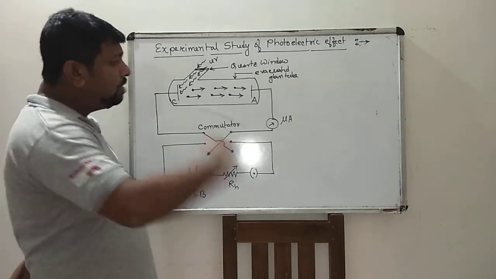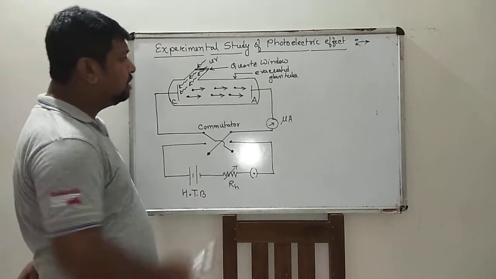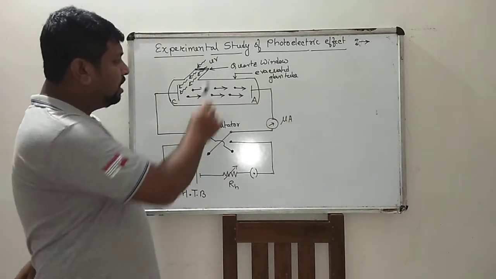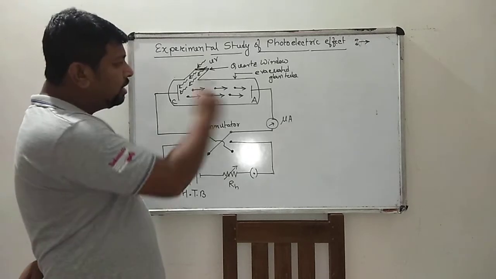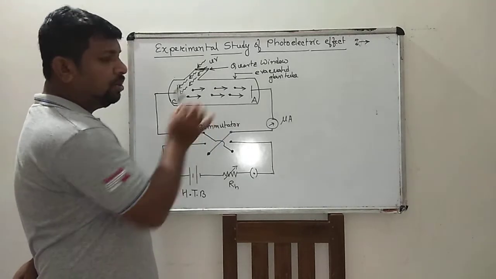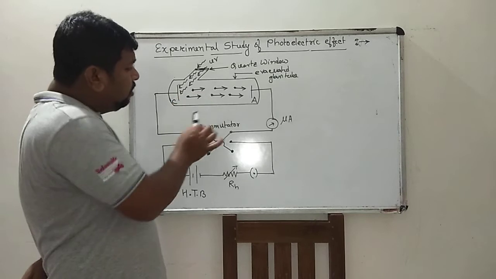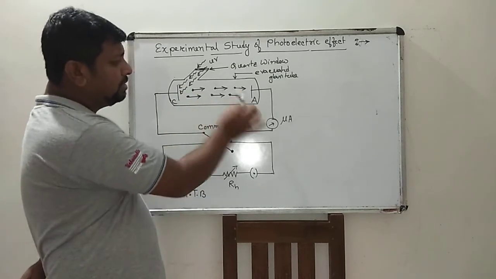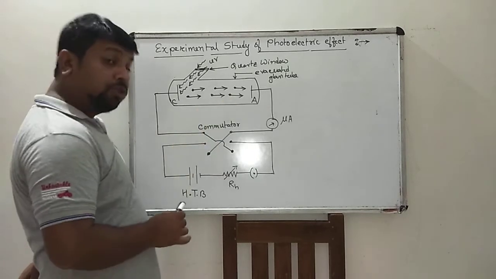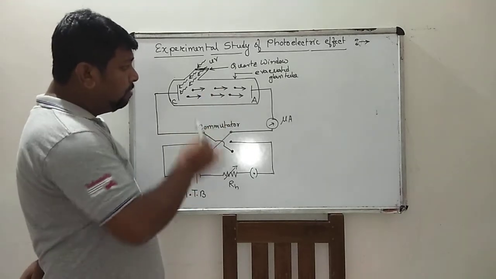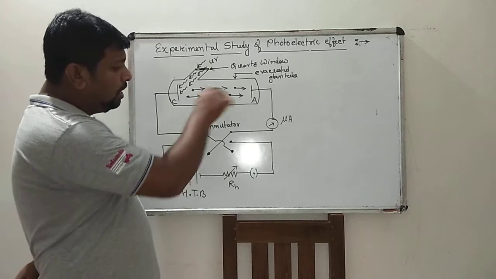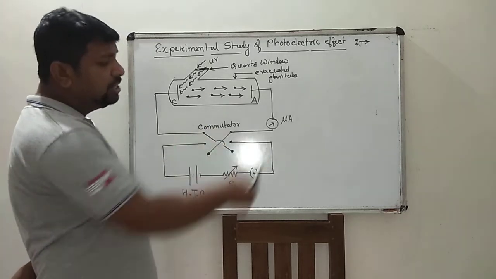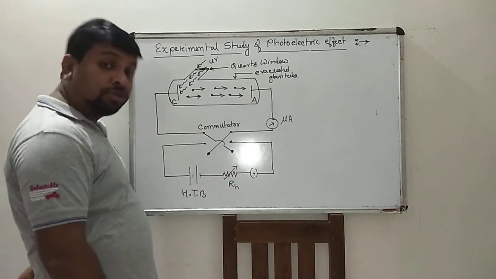Beyond the threshold frequency, if ultraviolet light is incident, the electrons are ejected from the cathode to the anode. These electrons are known as photoelectrons, and due to their movement a current flows in this arrangement. That current is known as photocurrent.